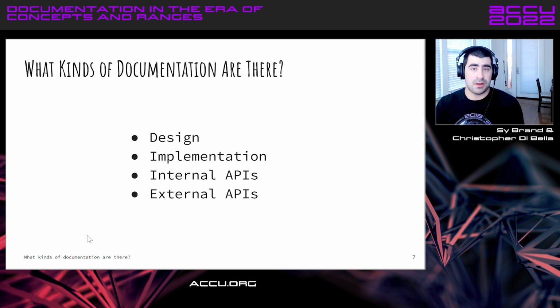Then we have implementation documentation, which is a lot more focused on the specific implementation and describes all the details about that implementation, not the broad problems that we want to solve and how we want to go about solving them, but actually boiling down to the specific instance of the solution. Then we have internal APIs, which are things like the way in which we communicate with developers working inside the library or the tool. And we have external APIs. What's user facing? How do non-workers of the library or tool get to interact with our library?